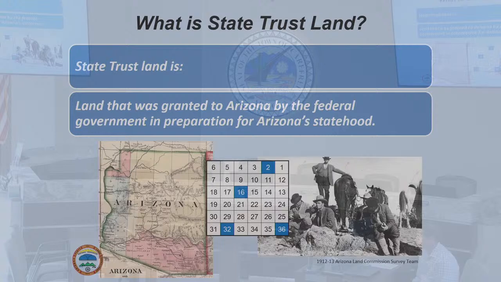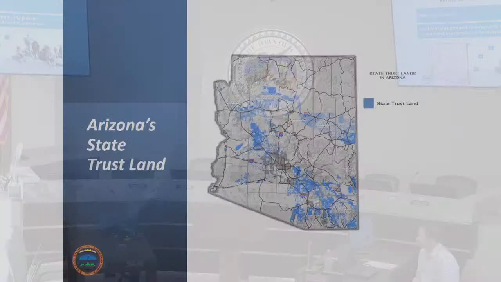So this land is the asset that funds the state trust. Just like if any of you have retirement funds or trust accounts and you have assets in stocks or bonds, the land is the asset for this trust.